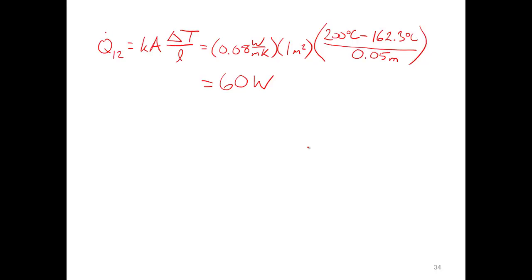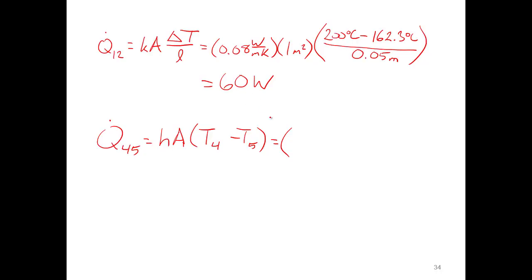So let's go to the other end and look at convection. If we look at Q dot between nodes 4 and 5, that's convection. So we have hA times our delta T, which is T4 minus T5. The h, make sure I get that right, I think it was 40.